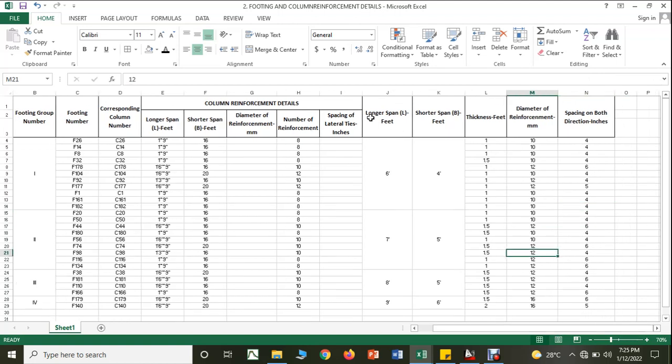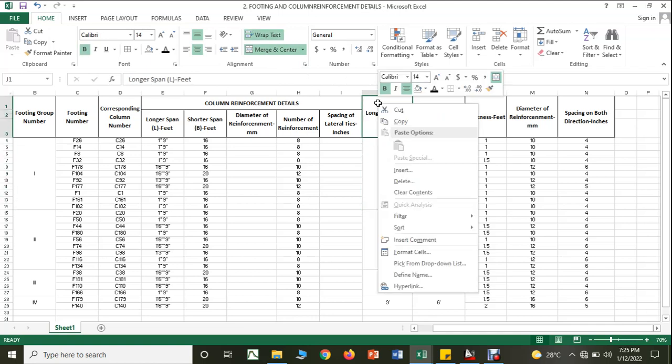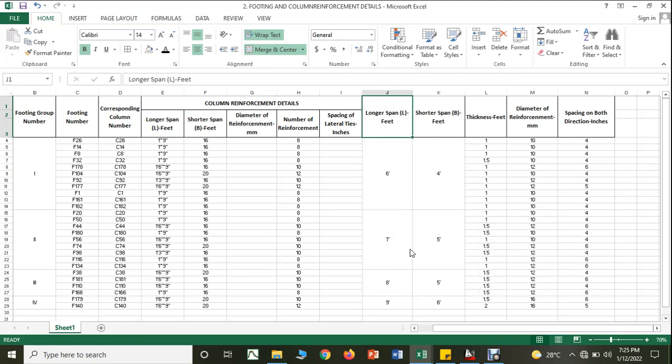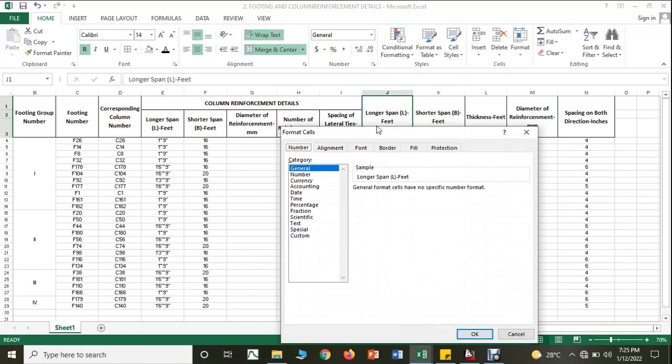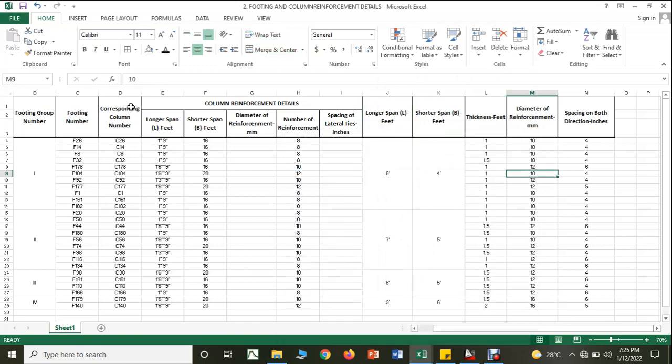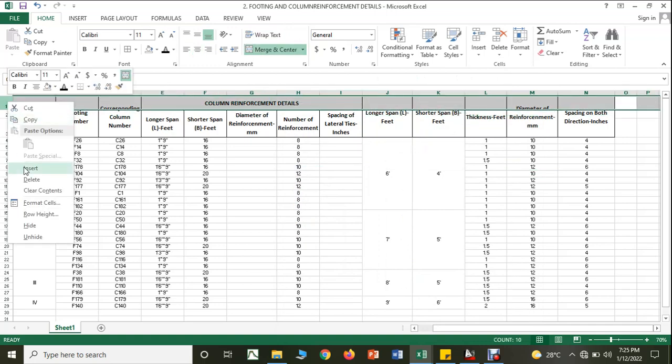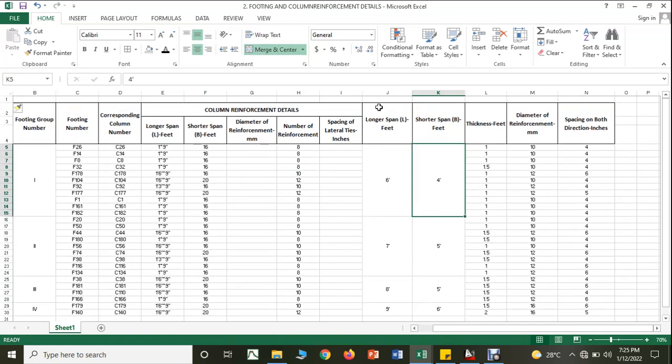Yes, and here also what I can do, right? So this entire thing will give you the reinforcement about the column. Okay, so it will give you the reinforcement about the column like this.